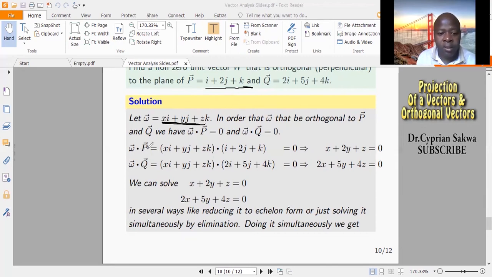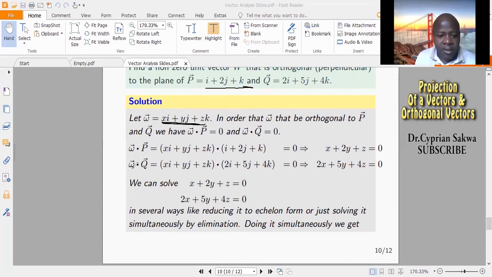So omega dot P will be xi plus yj plus zk dot i plus 2j plus k, and this is 0. When I expand this, remember that dot product is a scalar quantity, so it will be x times 1, which is x, y times 2, which is 2y, z times 1, which is z. It should be 0 because omega dot P is 0.